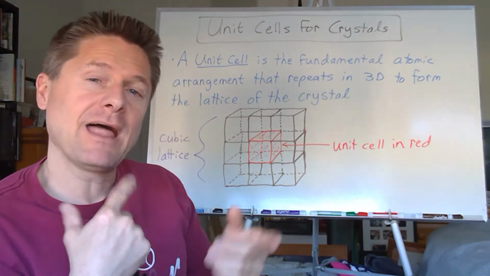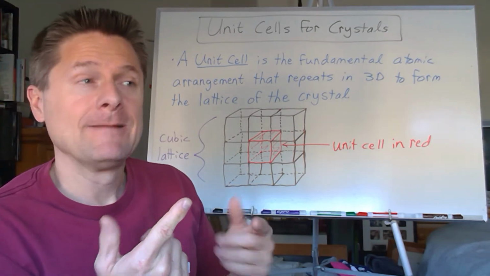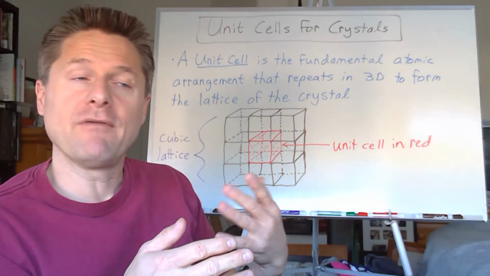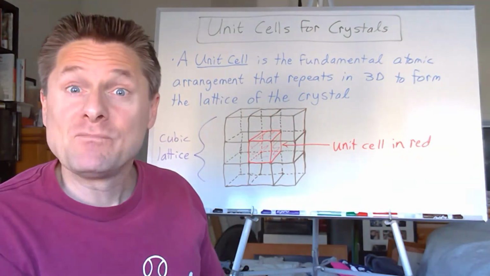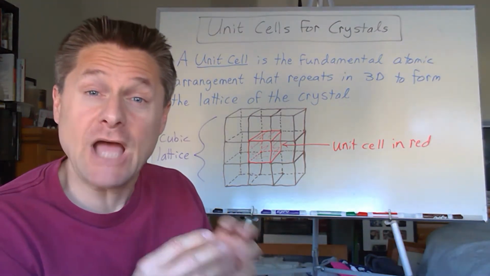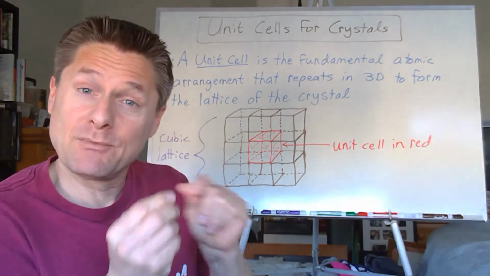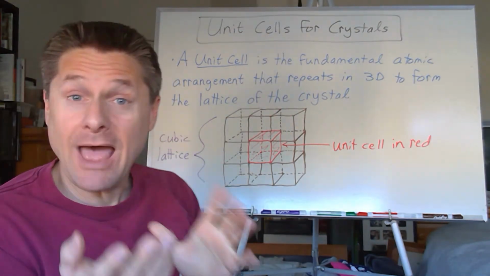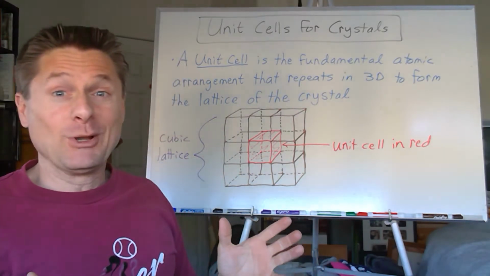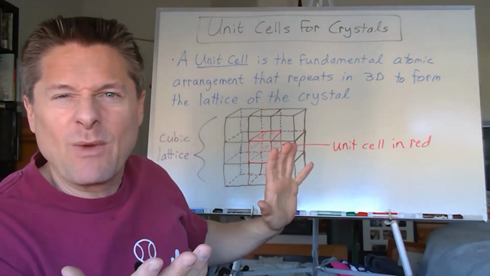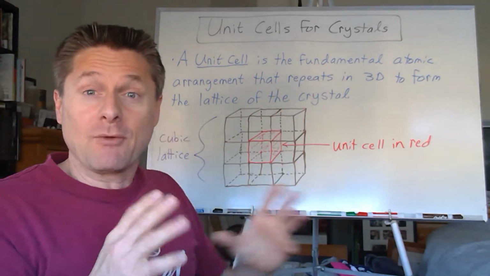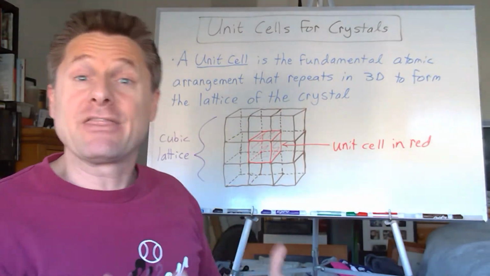A lot of times that look is just a result of a pattern on an atomic level that's repeated in 3 dimensions. Now, what is that fundamental atomic pattern for how those atoms are together? Well, that's the unit cell. There's a lot of them we're going to look at on the next board here. But basically, a lot of ways you can define it, it's just the fundamental atomic arrangement that's repeated in 3 dimensions.